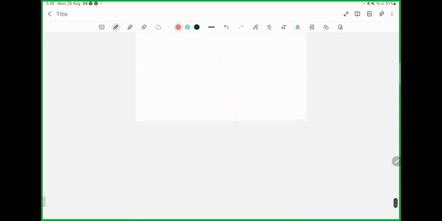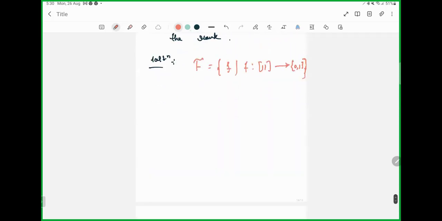So you want to start with a chain, right? First you can take the 0 function. So let's take f naught equals the 0 function, taking all values 0. Here you start with f naught, that is the 0 function.